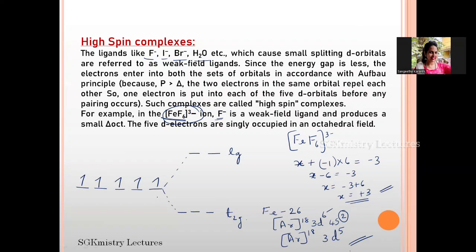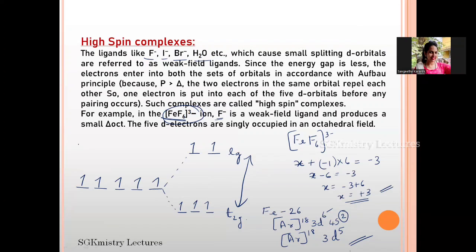Now how will the electrons be filled due to the crystal field splitting, how will be the arrangement? So 3 electrons, of course, no doubt, will be in the T2G level. Now, what about the fourth electron? Here, the delta value is lesser because fluoro is a weak field ligand. So, since the gap is lesser, the fourth electron will go to the higher energy level, and the fifth electron will be here.